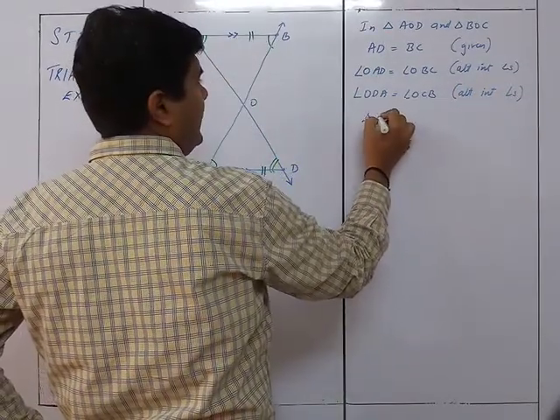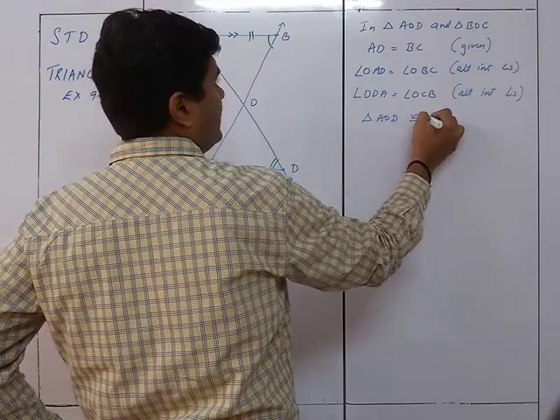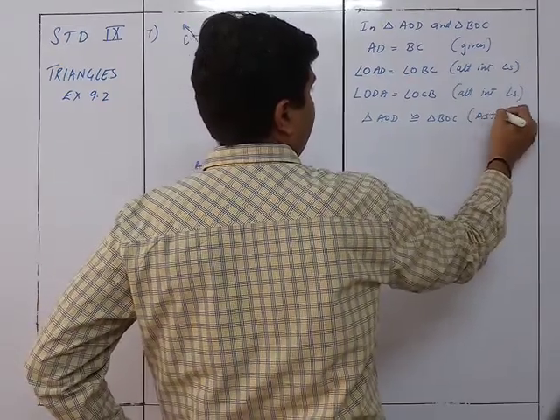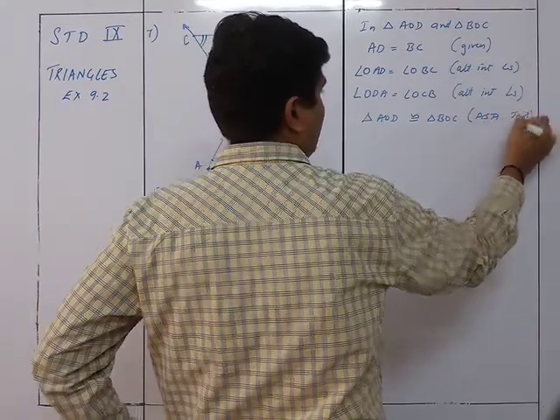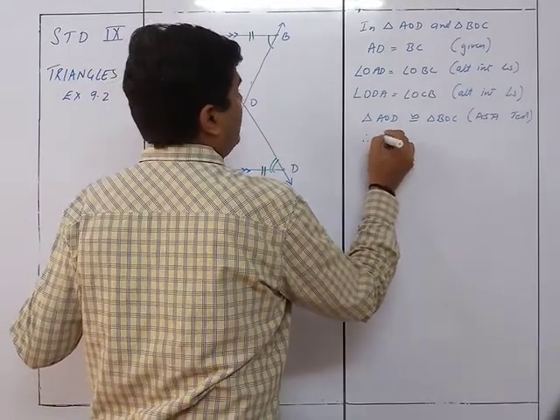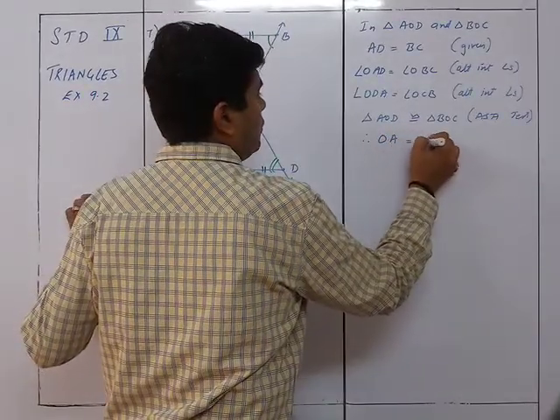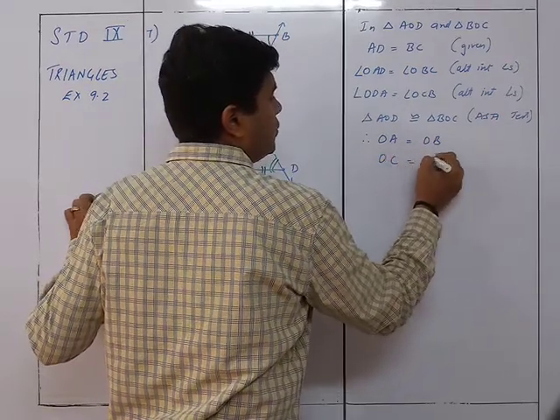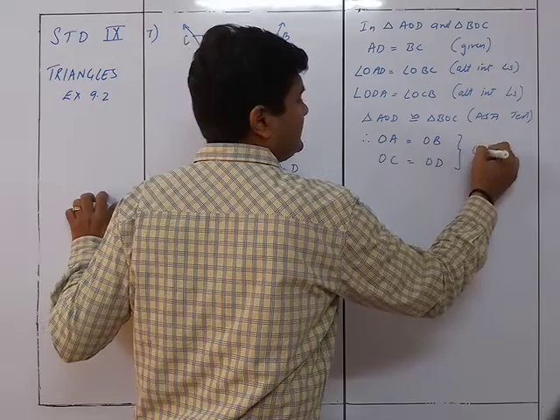Therefore triangle AOD is congruent to triangle BOC by ASA test. Accordingly, we have that OA is equal to OB and OC is equal to OD, both by CPCT.